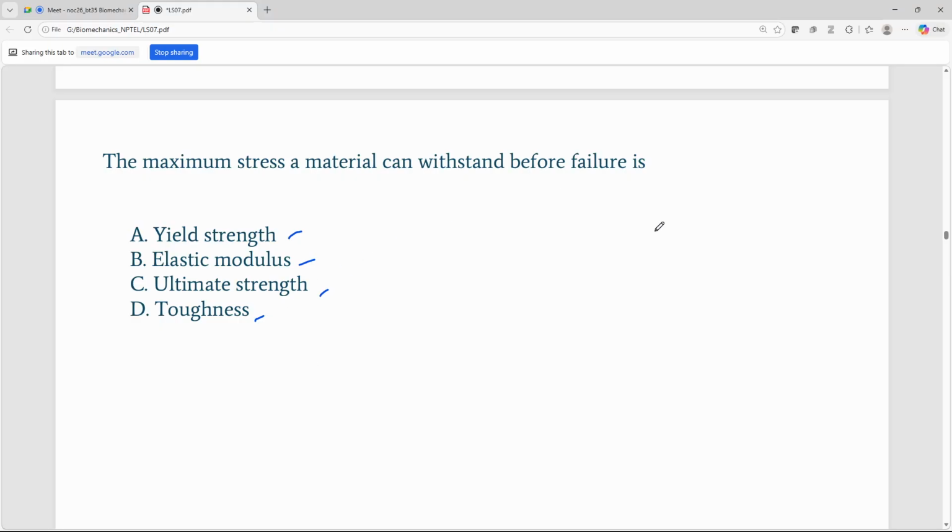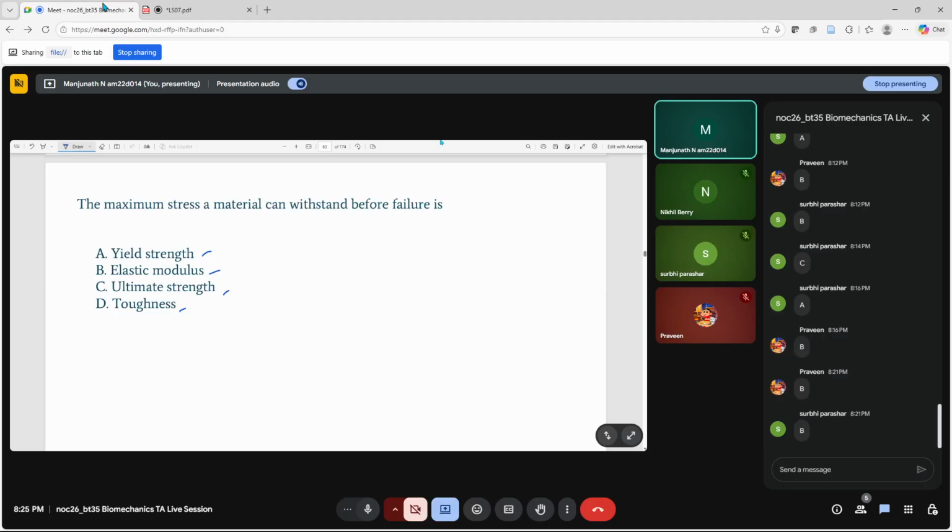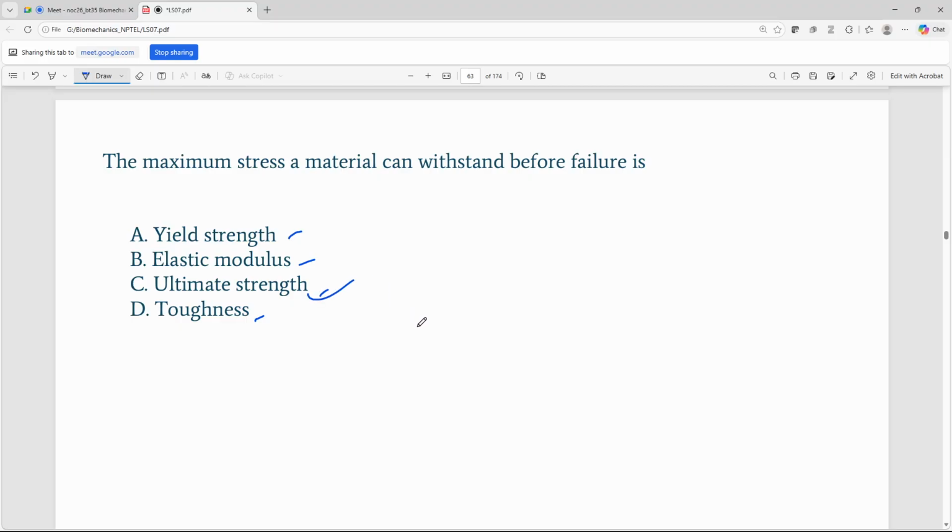The answer is option C, ultimate strength.